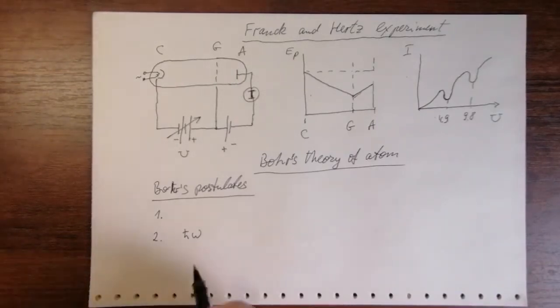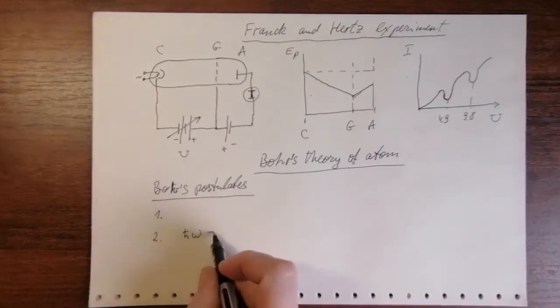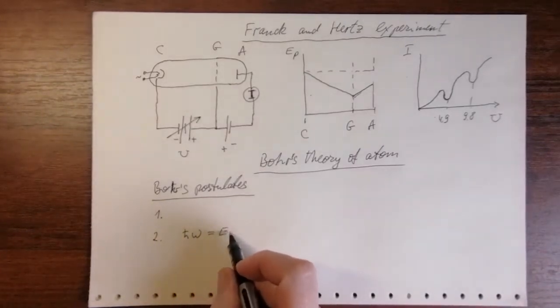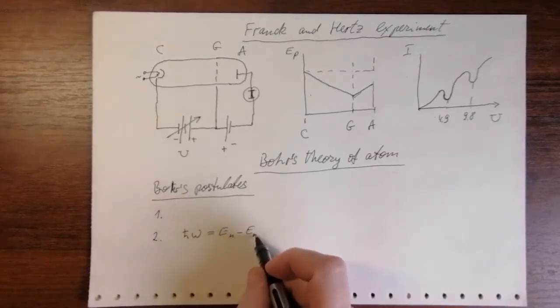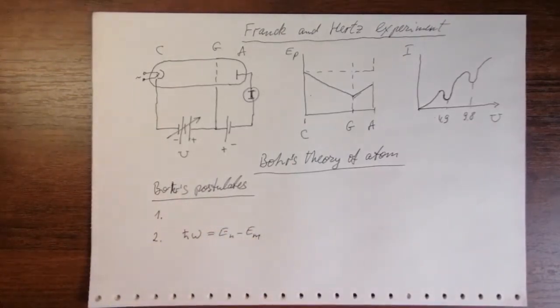It means that h omega is En minus Em. So the existence of discrete levels in the atom was already discovered by Frank and Hertz in their experiment. And actually these two postulates can somehow explain what was observed in all the experiments which we considered just now.